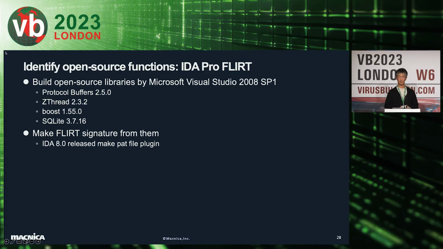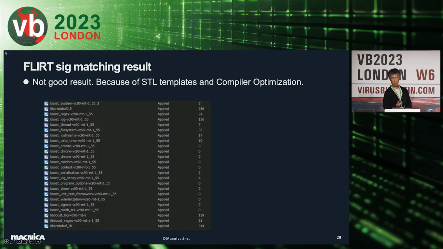First, we need to build the open source target version binaries by using Microsoft Visual Studio 2008 SP1. And from the compiled binary, we can make the IDA FLIRT signature to identify these open source library functions. And this is the result of the FLIRT signature matching.